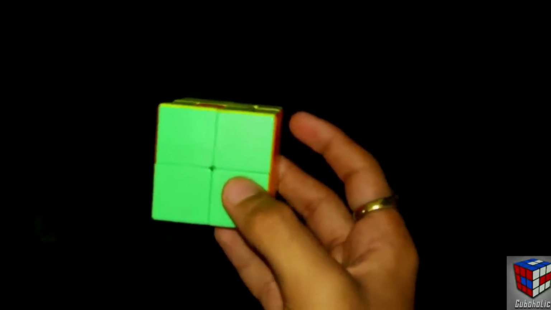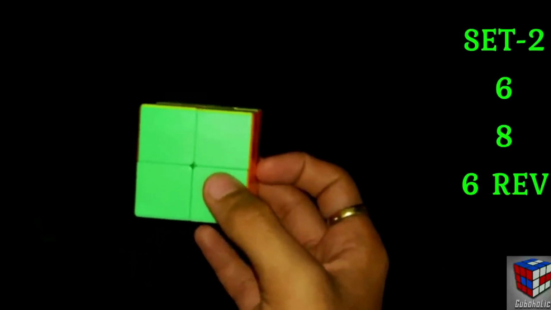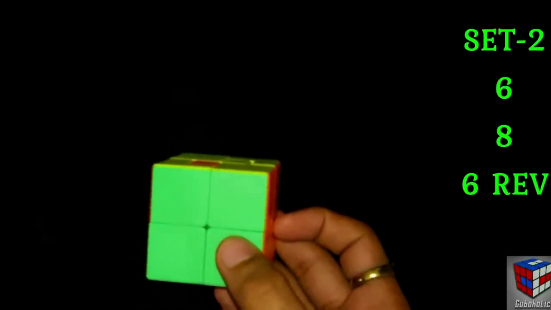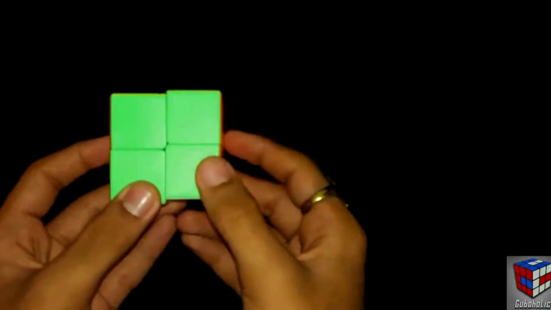Now we have its reverse, that is algorithm 6, algorithm 8, and reverse algorithm 6 set. So this is our set 6 clockwise direction.